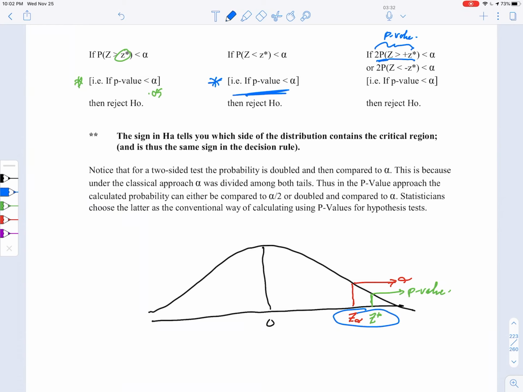In the classical approach, we are comparing these two guys. So we are comparing a computed Z star or T star, like in the nicotine example, to a critical Z or a critical T. In the p-value approach, we compare areas.